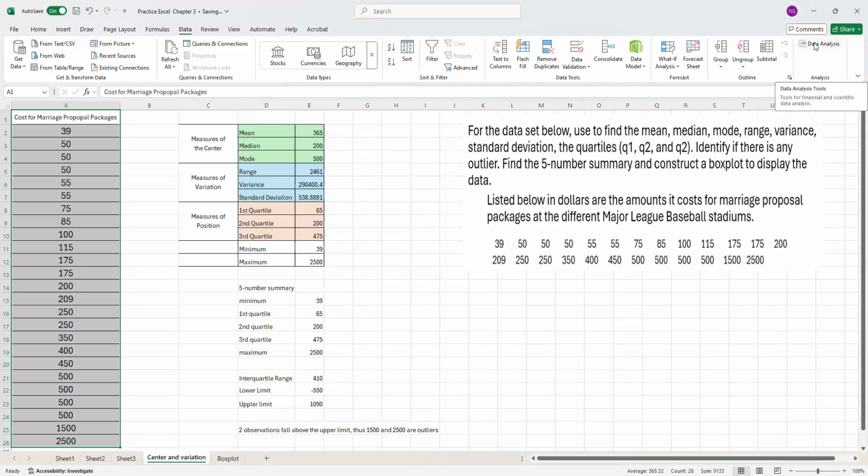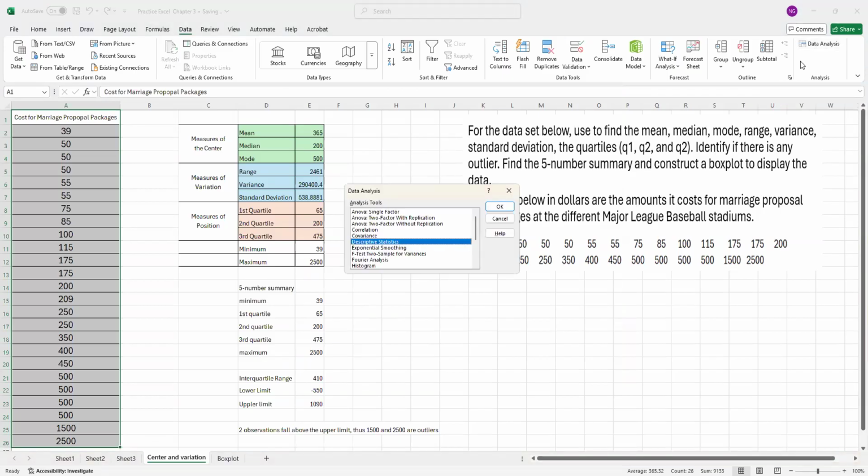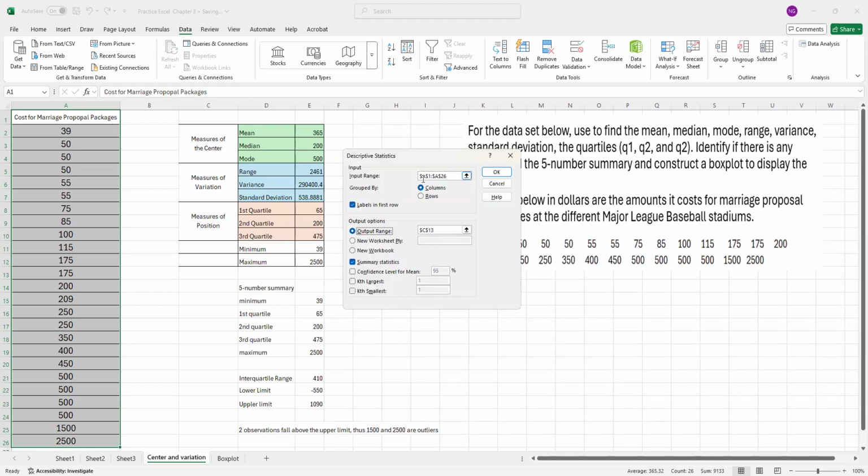Now, after I select my data set, I hit Data Analysis. I look for Descriptive Statistics, this one, because it gives you the descriptive statistics. And I say okay, because the input range, as you see, is A1 to A26. Now, I need to say where I want to put all my data.